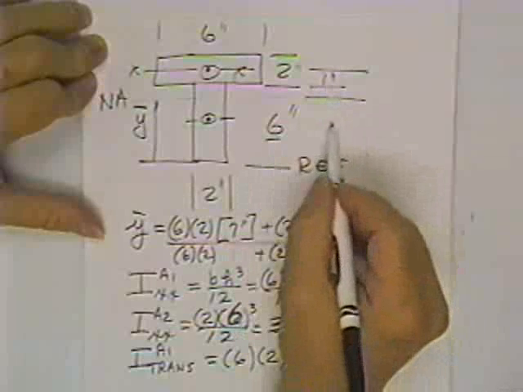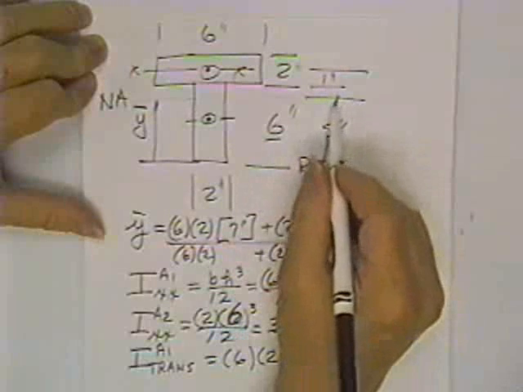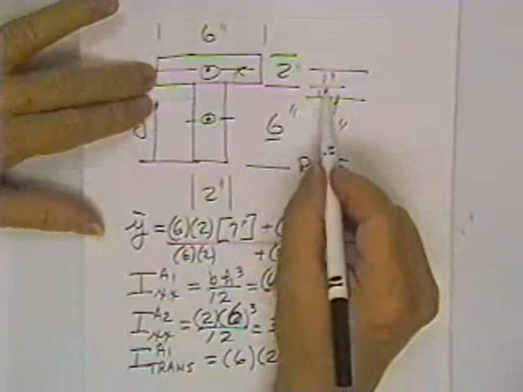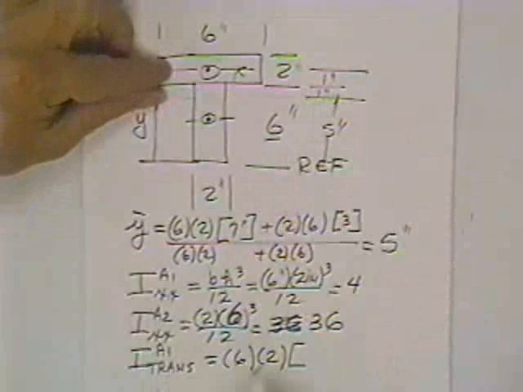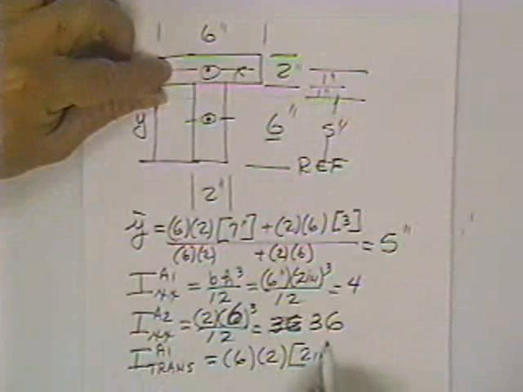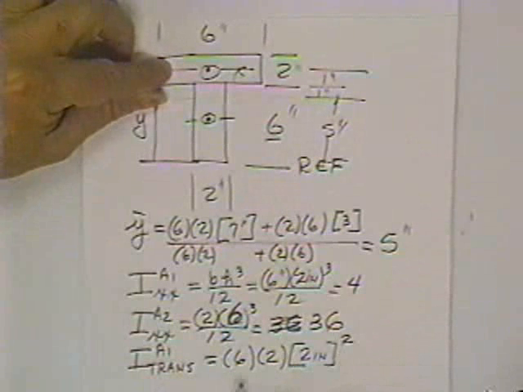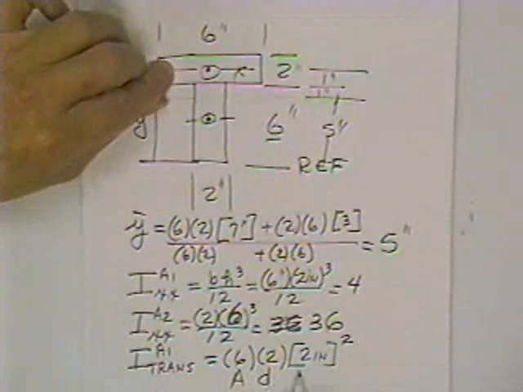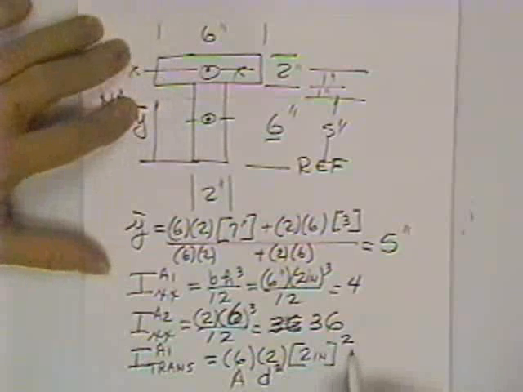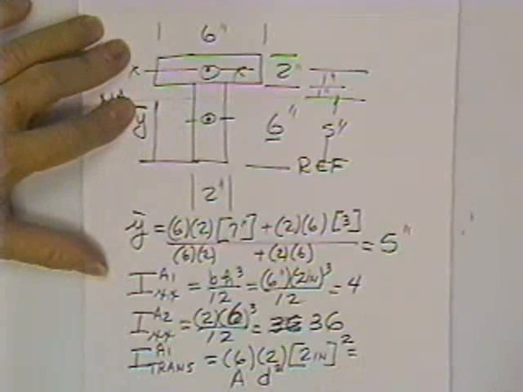This is 1 inch, this is 5 inches, and that's 6 inches, so that's 1 inch, so it looks to me like he lives 2 inches off the neutral axis. Don't forget to square AD squared. One of the answers on the quiz probably will be with a moment of inertia AD. What do you get for that? 48.